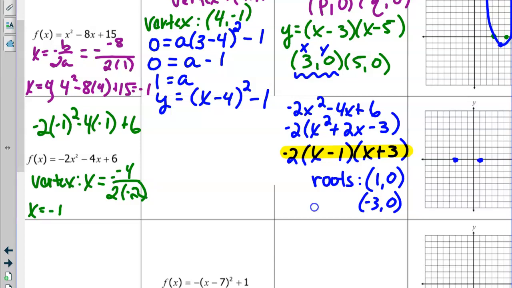What's the y value of my vertex? Plug it in. Eight, good. So again, this is my vertex.